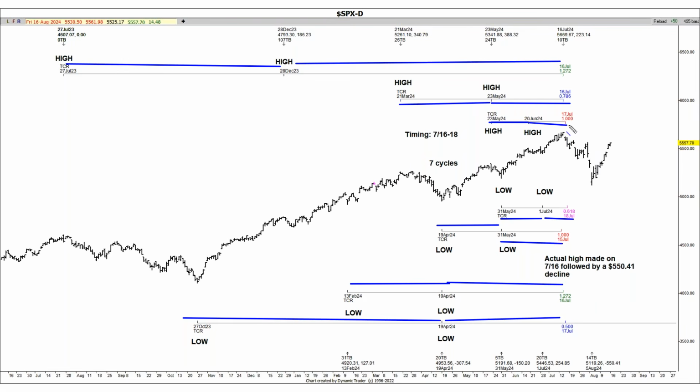So that's 1, 2, 3, 4, 5, 7 cycles that came due between the 16th through the 18th. We were going straight up into that time window, so we were going to anticipate a possible reversal. You don't always get a reversal, the same way that support and resistance don't always hold. But the timing is still worth watching for when it does reverse the market.